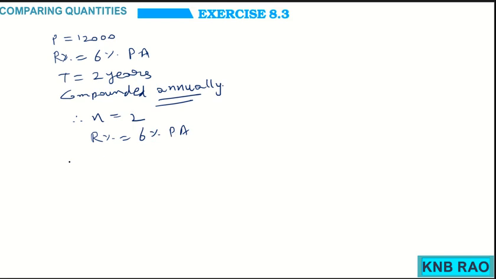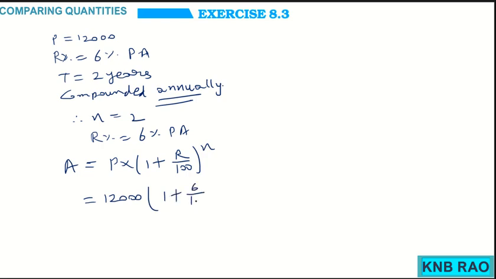Now, we will use the amount formula for compound interest, principal into 1 plus R upon 100 raised to the power n, by substituting 12,000 into 1 plus 6 upon 100 whole power 2.